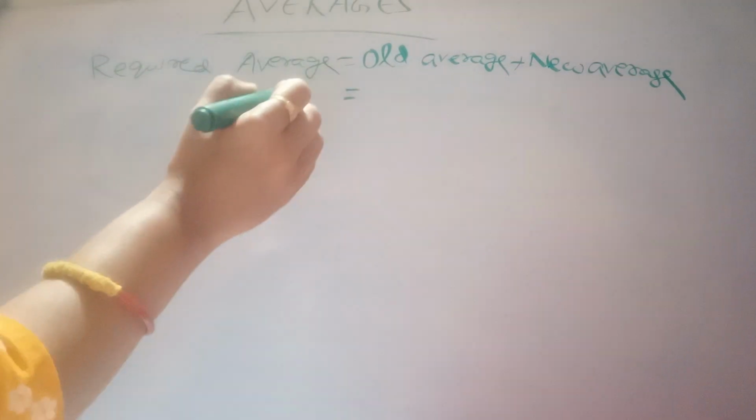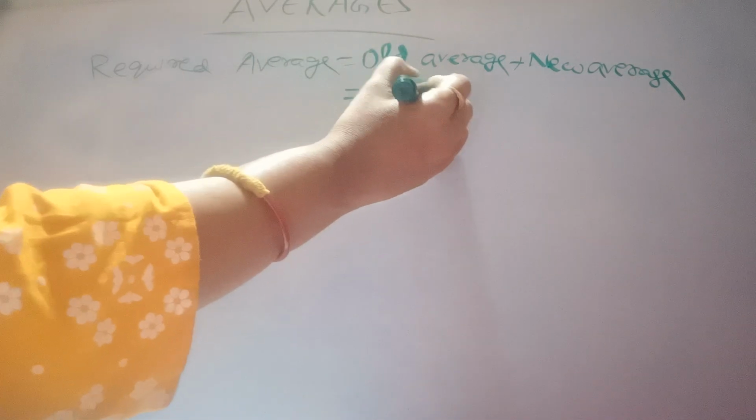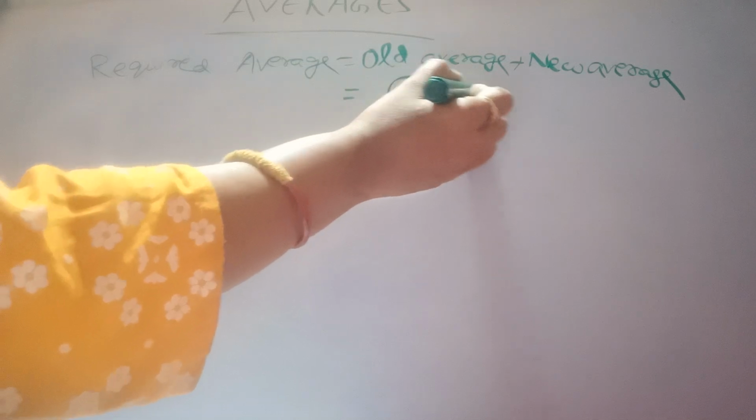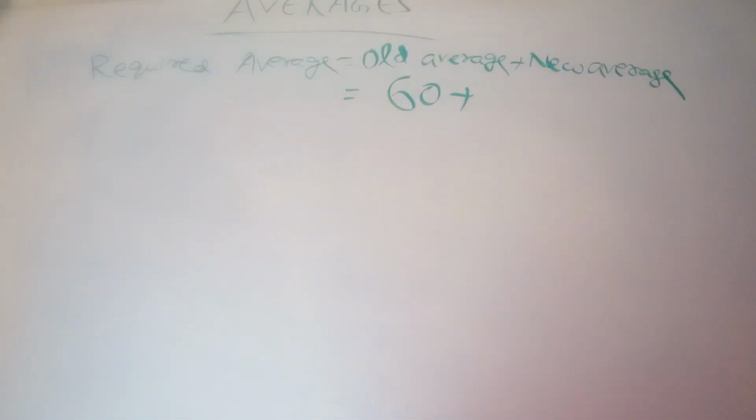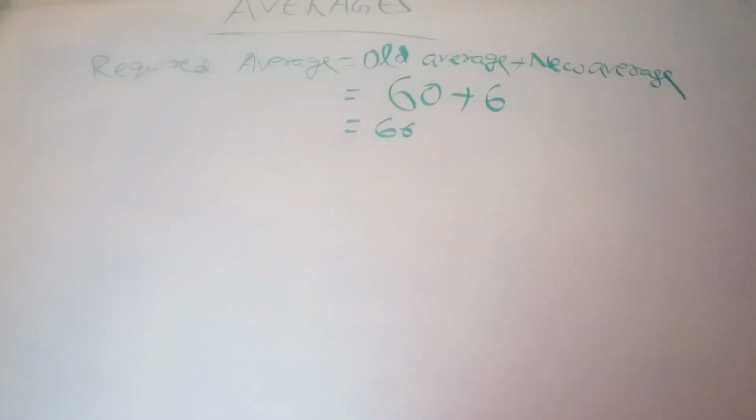The old average is 60, plus the new average is 6. So 66 is the required average.